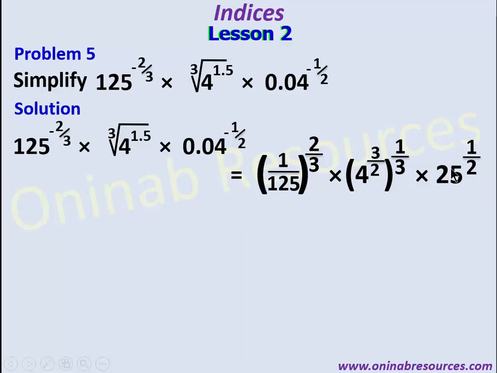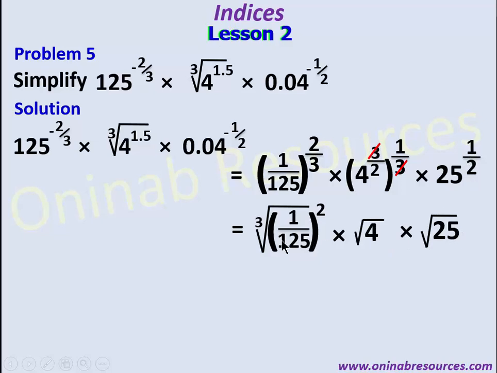Applying the appropriate law of fractional indices, we are going to have cube root of 1 over 125 squared times, if you simplify these indices here, this 3 we go with this 3, you'll be left with 4 raised to power half, which is square root of 4, then times square root of 25.